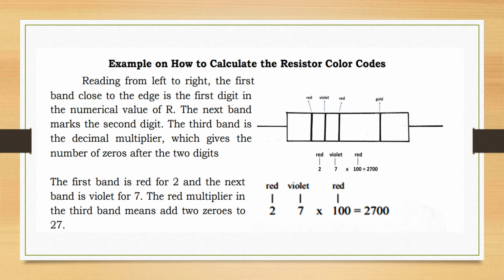And the third is the multiplier, which is red. The equivalent of red in the chart of multipliers is 100 ohms. So, 27 times 100 ohms is equivalent to 2,700 ohms. You just multiply the first and second bands by the multiplier.